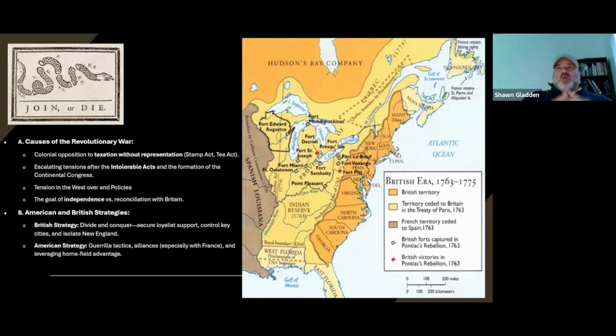Okay. So once again, the Revolutionary War, 1775 to 1783, was a conflict between the American colonies and Great Britain, sparked by growing colonial opposition to British policies. And we talked about what these were: opposition to taxation without representation, right? Stamp Act, the Tea Act.